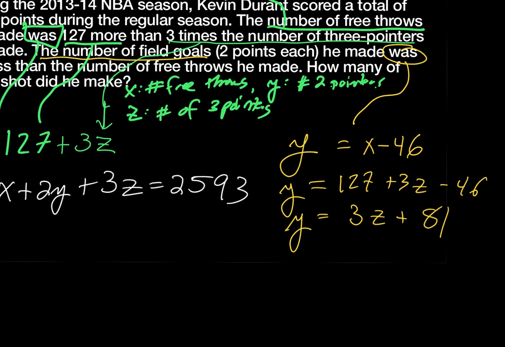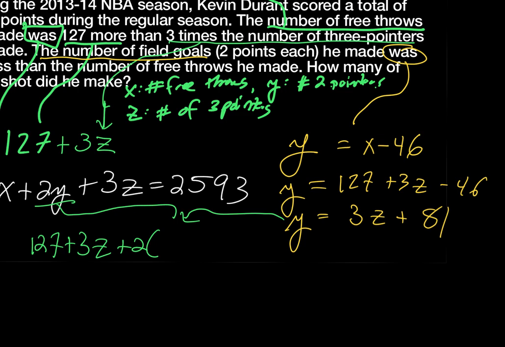I'm now going to take that and replace it in the other equation, but I'm also going to do the same thing over here. Wherever the x is, I'm going to replace it with this number. So that x gets replaced and becomes 127 plus 3z. Then the 2y is going to be plus 2 times this.